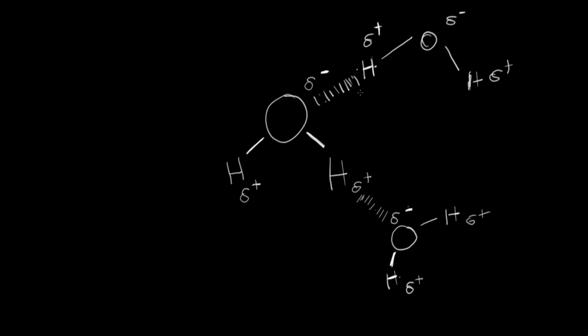There's an interaction. There's some type of bond. Opposites attract. Now, this interaction will not be a covalent bond. They're not going to share electrons. There's no sharing of electrons here. It's a bond, but it's not a covalent bond. We have a special name for this bond, and we call it a hydrogen bond.